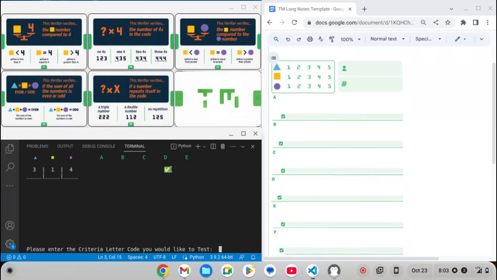So let's go ahead and type that up in our notes in section D. So we'll say that triangle plus square plus circle should be an even quantity.